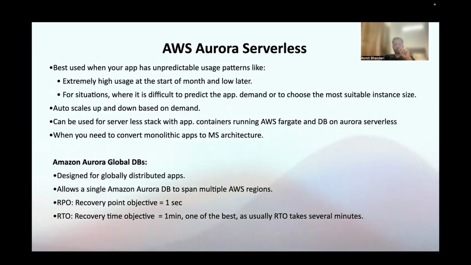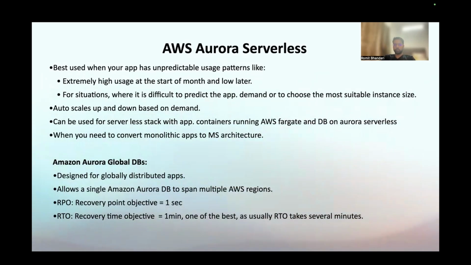So serverless is used for such applications which have an unpredictable usage pattern, so that auto scaling up and down based on the demand can happen easily, and it can be readily used for a serverless stack with application containers running on AWS Fargate and DB on Aurora serverless.